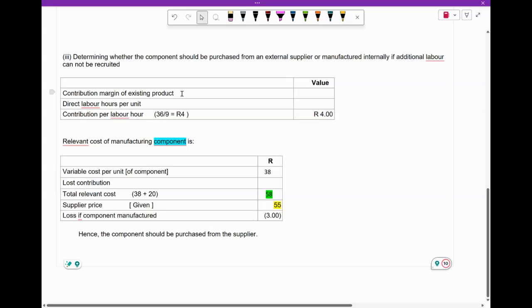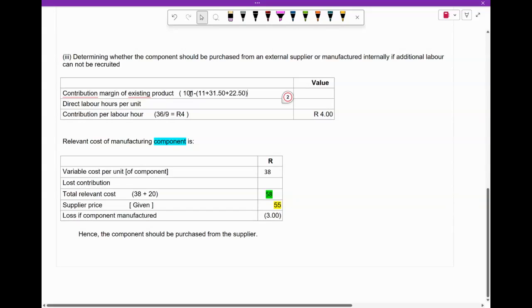So to get the contribution margin, we say selling price, which we know is 101 per unit, minus our variable costs. If you look there, they say direct materials is 11 Rand, so we know we're including that. Direct labor is 31.50. And then finally, your variable overhead per unit is 22.50.